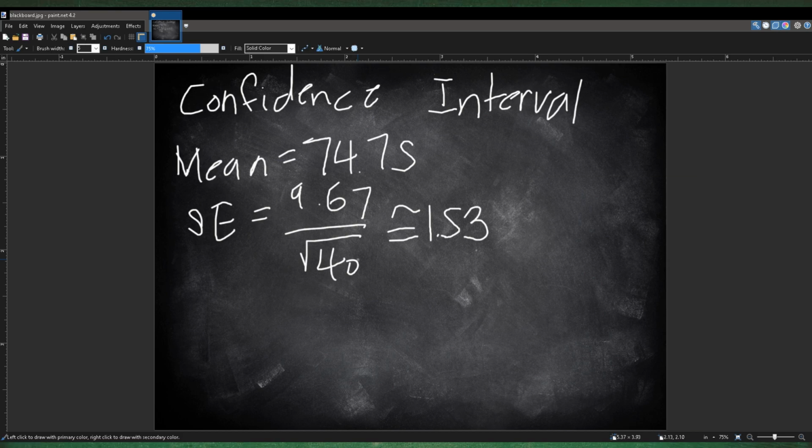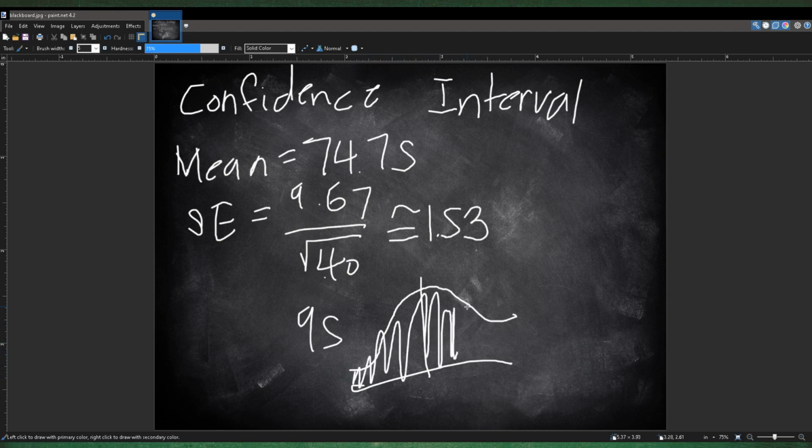Like with the z-score, it calculates the area all the way up to here, but instead you want the area in the middle, not including this section. You just have to do the math.